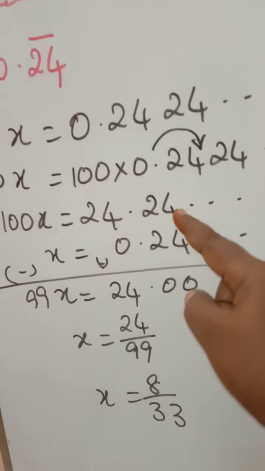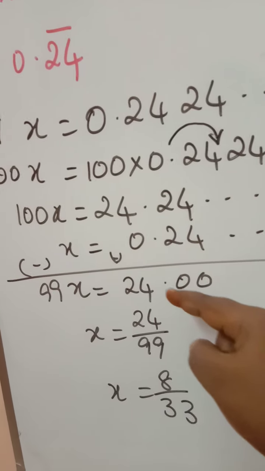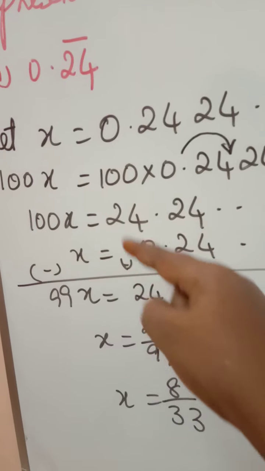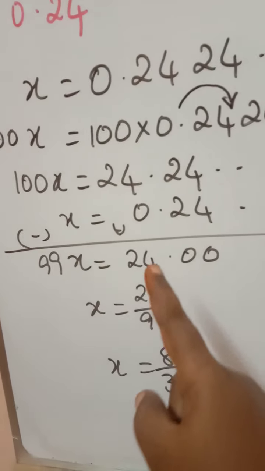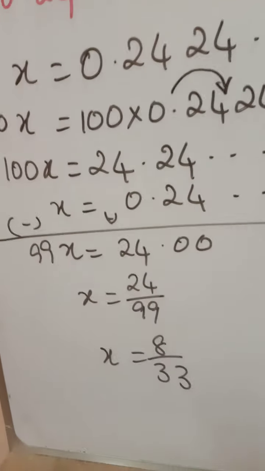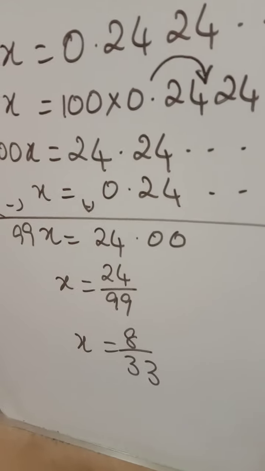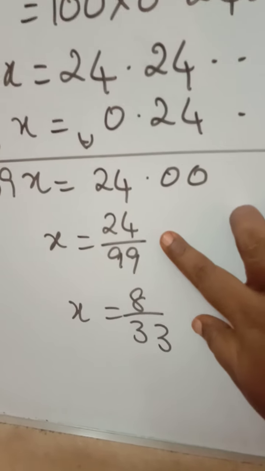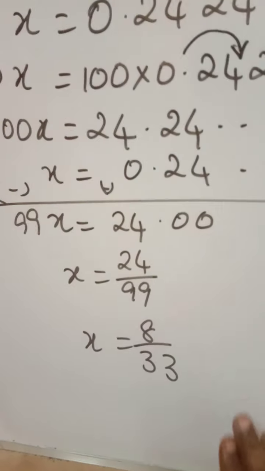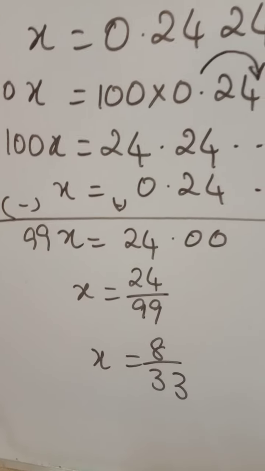Here 4 minus 4, 0, 2 minus 2, 0, and 24 minus 0, 24. So 99x equal to 24, x is equal to 24 by 99, as the 99 comes to the right hand side. If you simplify by 3 table, you will get 8 by 33. Otherwise, you can stop here. In the book it is given as 24 by 99. That is enough. Clear?